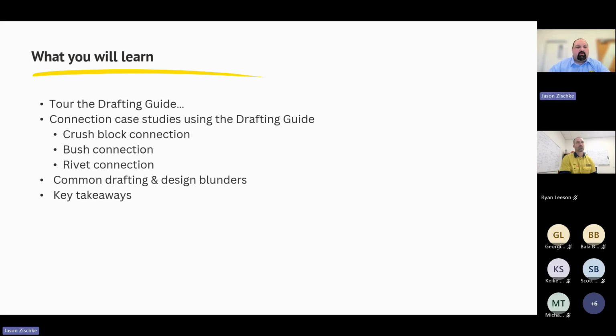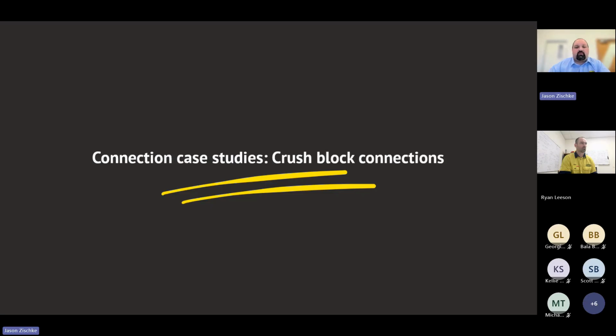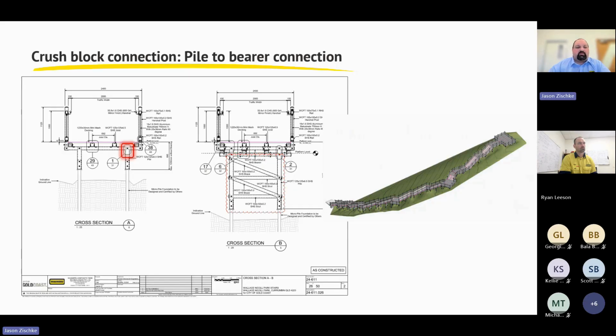So moving on to the first one, our crush block. Most of our bolted connections use it. Here we have the project that I'm doing this case study on. We have a typical bearer to pile connection here.